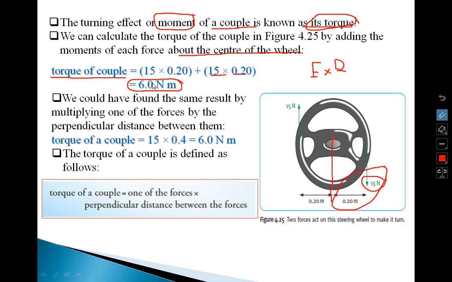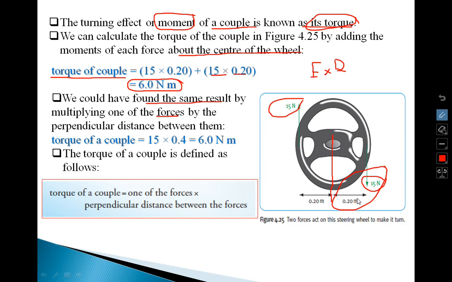Actually, there's another way to find the torque of a couple. We could have found the same result for this figure by multiplying one of the forces, because they are the same, 15 and 15, by the perpendicular distance between them.